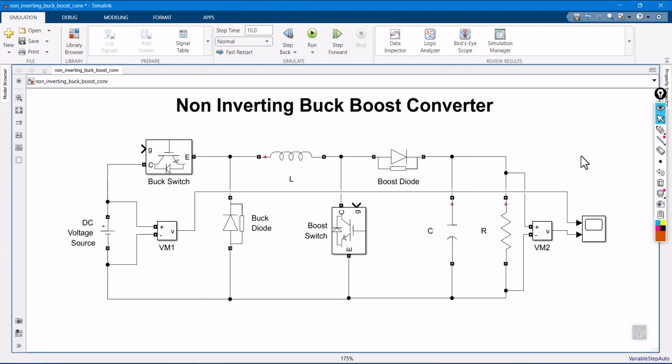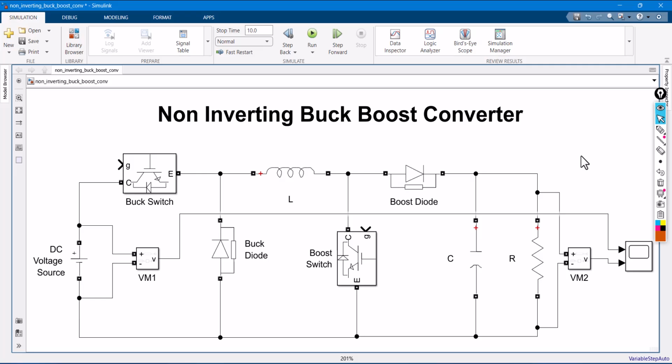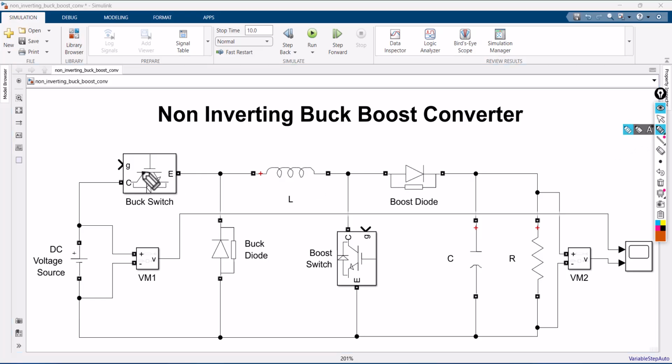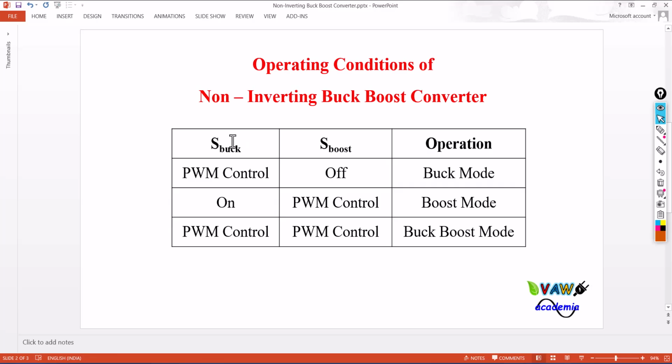So this is the typical non-inverting buck-boost converter, which consists of two switches. Input side will be having a buck switch and buck diode. Output side will be having a boost switch and boost diode. But here the very important part is operating these switches. Operating these switches is purely based on this table.